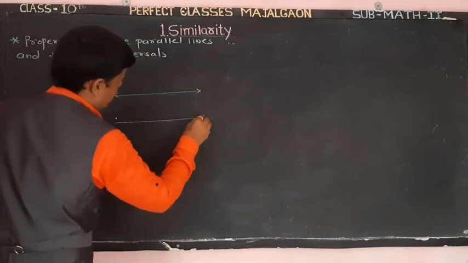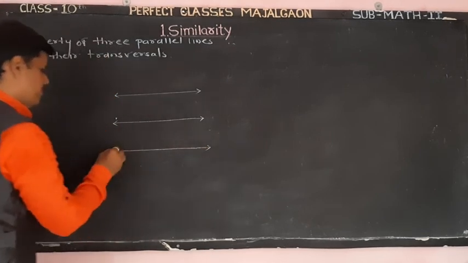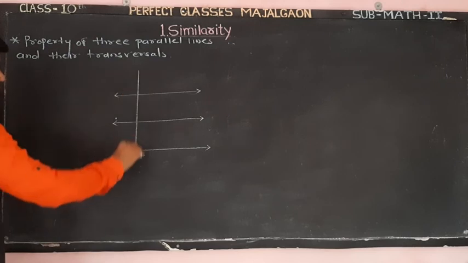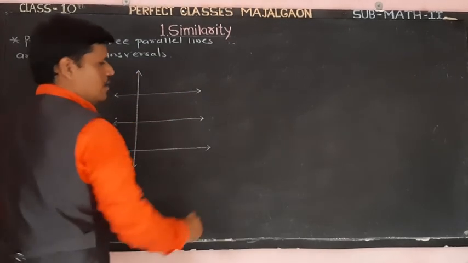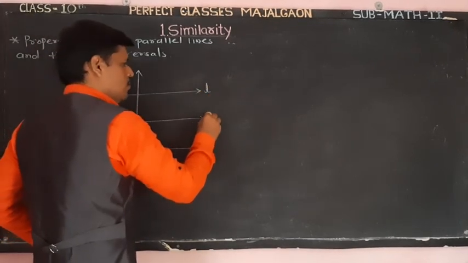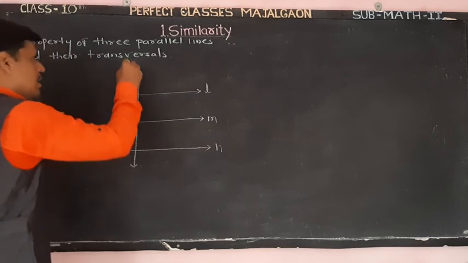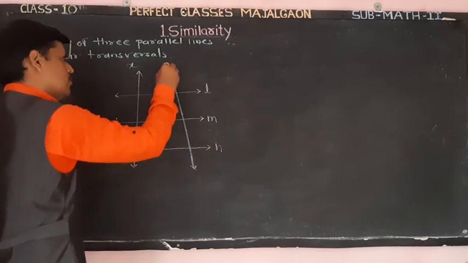From the given statement, we construct here three parallel lines. If a transversal intersects three parallel lines, here these are the three parallel lines. Name these three parallel lines L, M and N. The transversals X and Y, these two are the transversals.